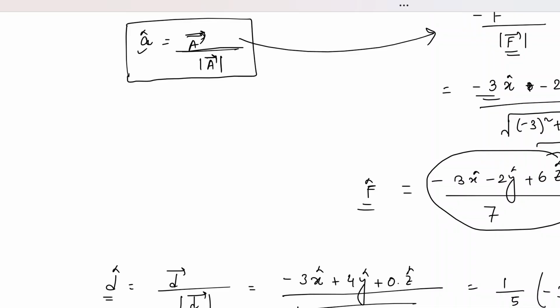Now if you look at these two, this circled thing and this circled thing, you can clearly see these two are not equal, right? These two are obviously not the same, because apart from the values, the first thing you will notice is that there is a z cap component in the f vector's direction, which is not present in the d vector's direction. There is no z cap component present at all. So that is the first thing that should strike you, even before deriving this whole unit vector.